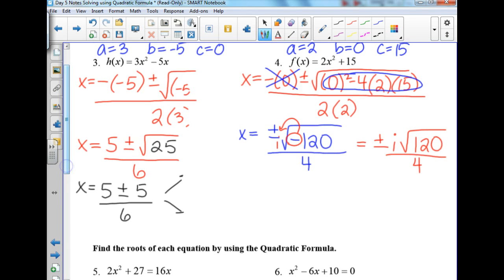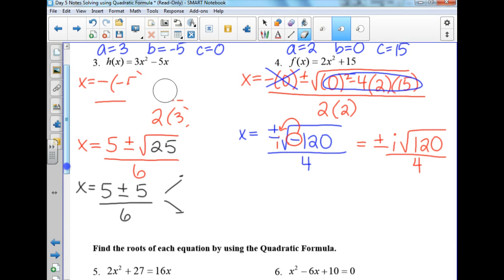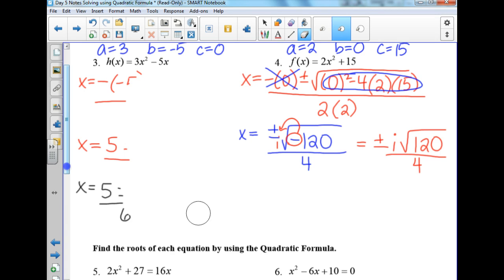So this one's got two things in it. One, it didn't have a perfect square, so we're going to simplify the square root, and two, it also has this i in it. So yeah, let's do the factor tree for 120 and simplify that. So square root 120.